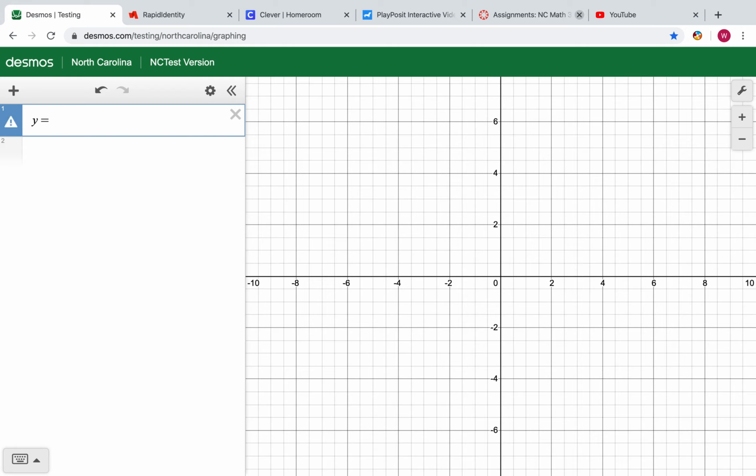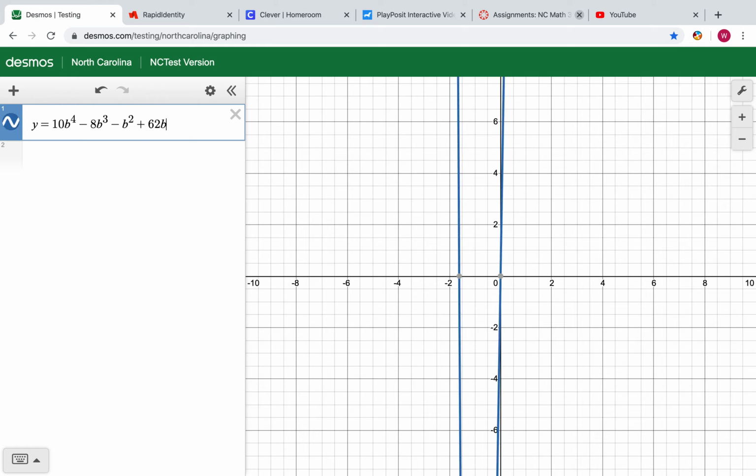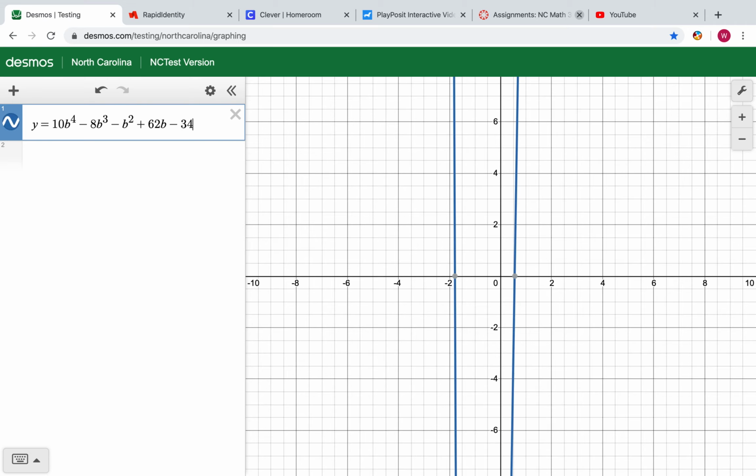In order to find that, just go to Desmos and type the stuff in: 10b to the 4th minus 8b cubed minus b squared plus 62b. And remember we subtracted that 34. Now we can see 1, 2.